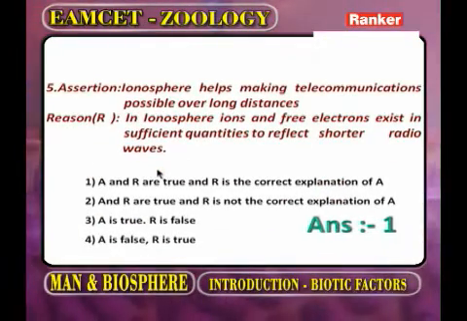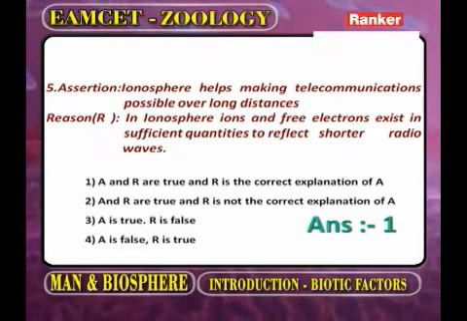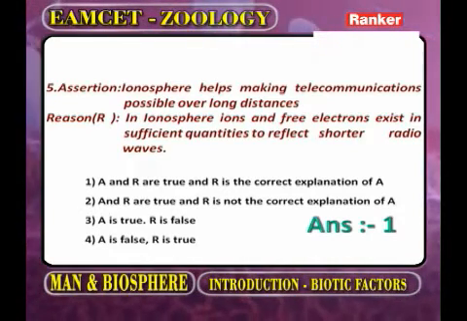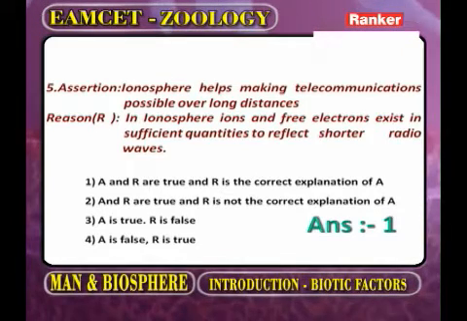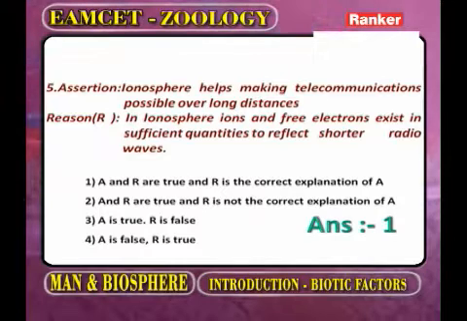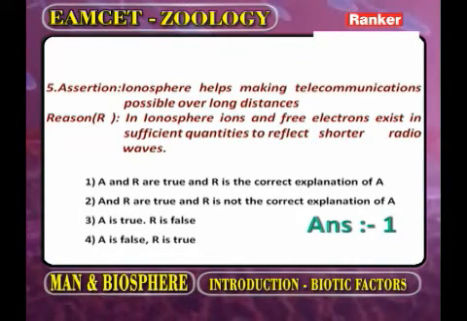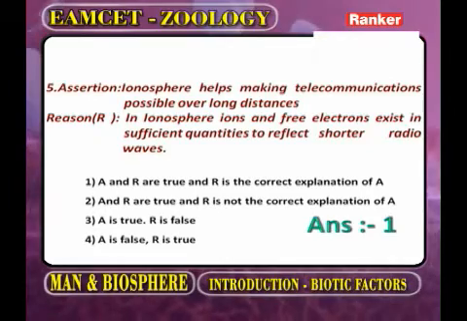Again an assertion: Ionosphere helps make telecommunications possible over long distances. The reason: in the ionosphere, the ions and free electrons exist in sufficient quantities to reflect short radio waves.